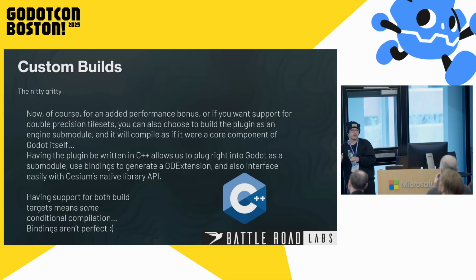If you're going to go with custom builds that will give you a little bit more performance, it's not a significant gain, like, oh, I took a 15 FPS frame drop on this one part, if I just build it as an engine submodule, that will fix it.